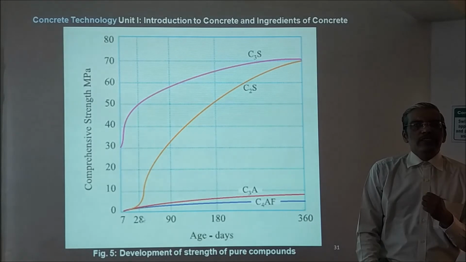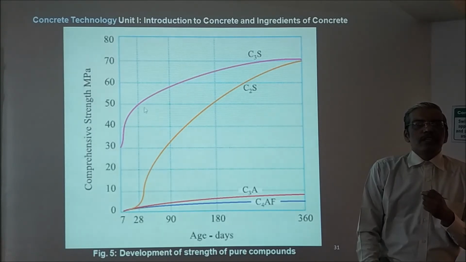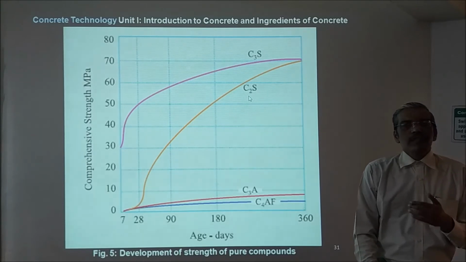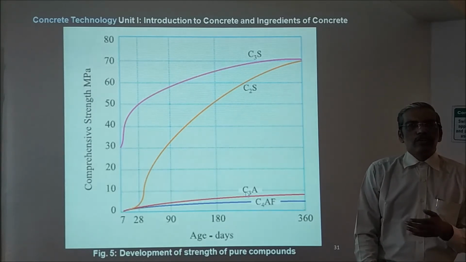The ages are 7 days, 28 days, 90 days, 180 days, 360 days. Similarly, the compressive strength is also shown. So here the C3S is giving early strength, C2S comparatively low. Like this it is shown.